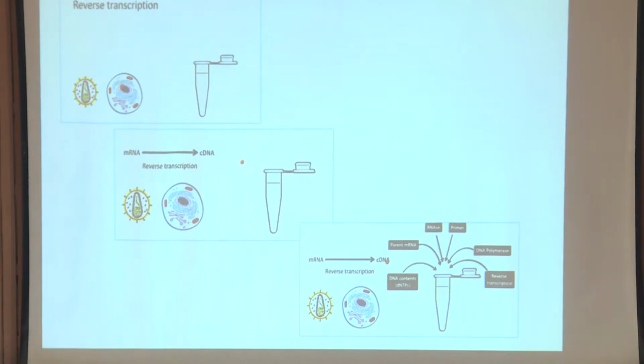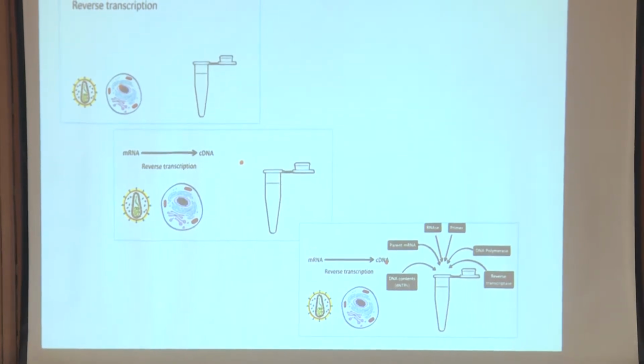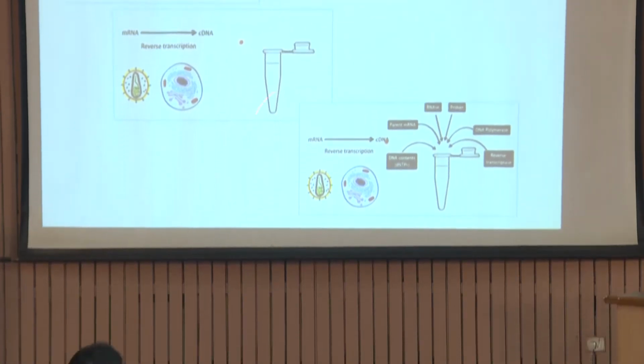So you have to go for RNA isolation, convert into cDNA and use the cDNA as a template. That means it becomes reverse transcriptase PCR. If you use the qPCR technique here, then it is again real-time PCR, right?